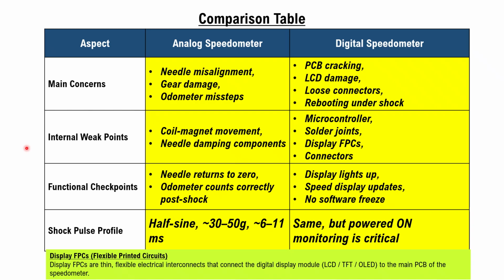In case of analog speedometer: coil magnet movement, needle damping components. And in case of digital speedometer: microcontroller, solder joints, display FPC, that is flexible printed circuits, and connectors, etc. Functional checkpoints: needle return to zero, odometer counts correctly post-shock in case of analog speedometers.